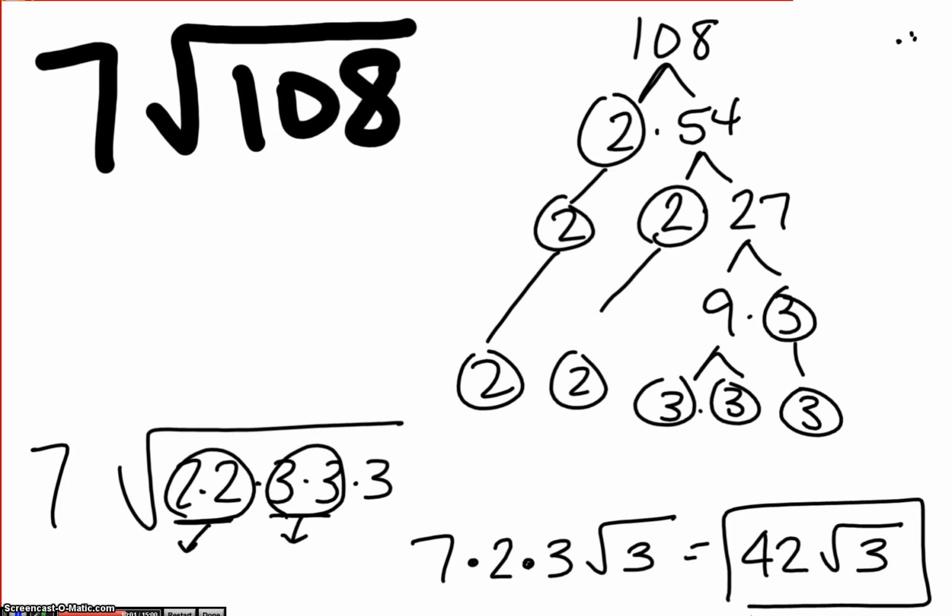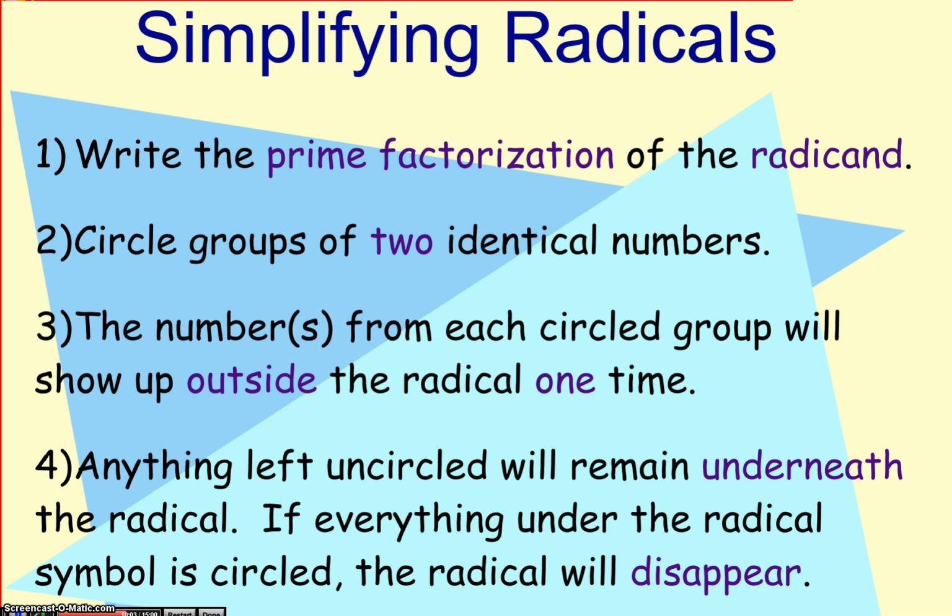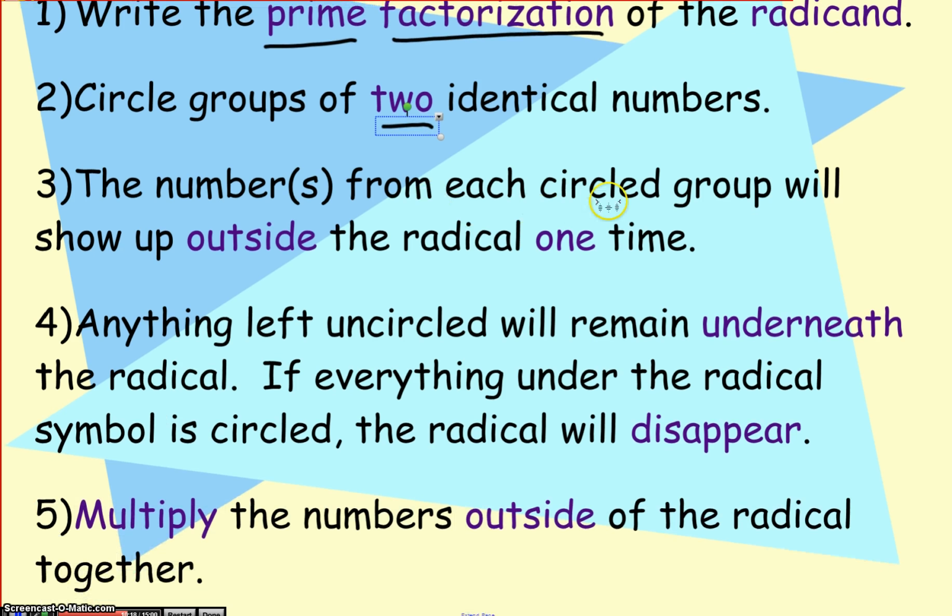Now, get the other foldable out and fill in your blanks based on this slide. Simplifying radicals, and here are the steps to do that. Write the prime factorization of the radicand. Circle the two identical numbers, the pairs. The numbers from each circled pair will show up outside the radical one time.